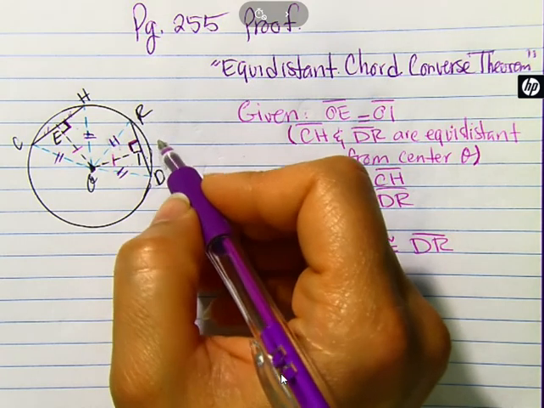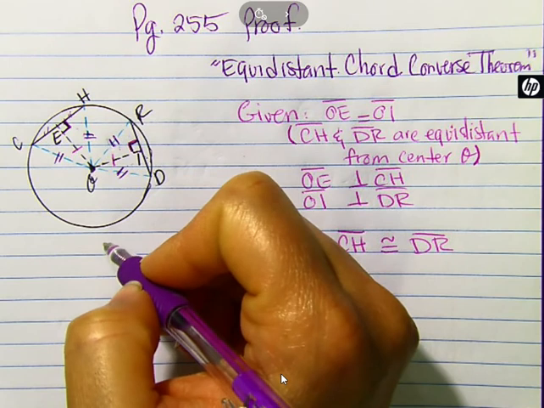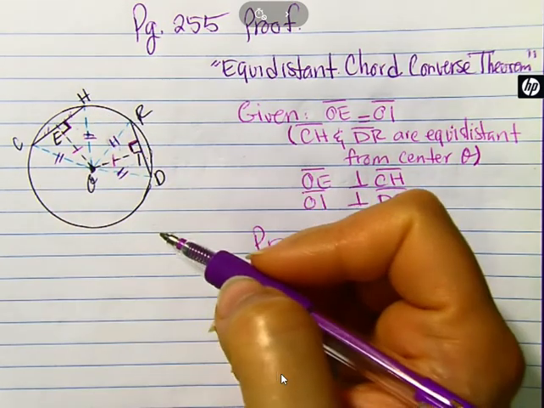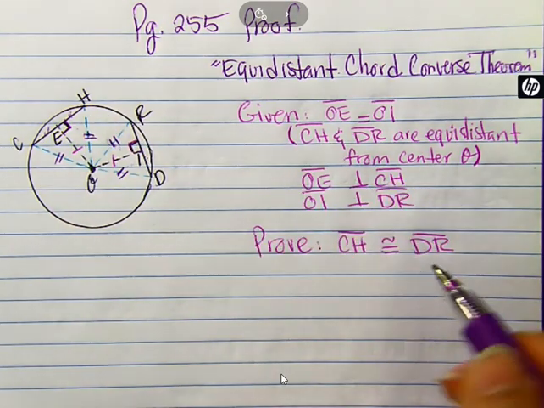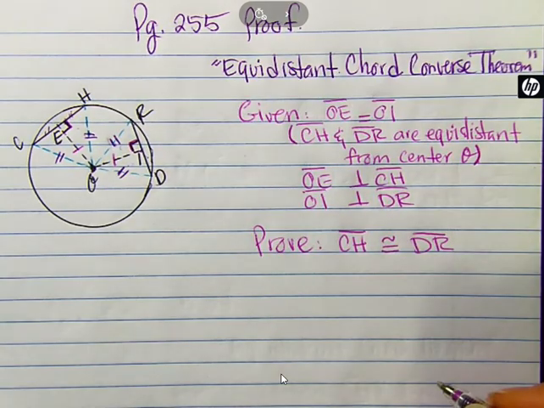Therefore, I can safely say chord DR is congruent to chord CH. And that proves our theorem of equidistant chord converse.